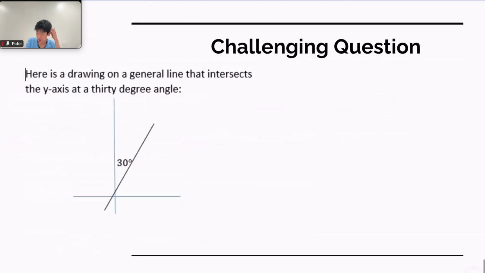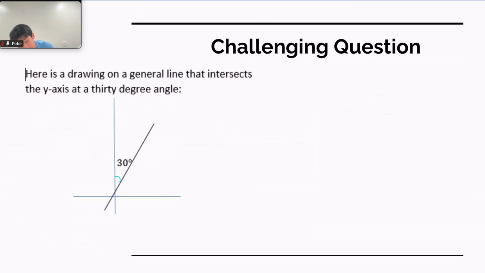Here's a drawing of a general line that intersects the y-axis at a 30 degrees angle. We don't have any reference point here and no slope here. We only have a degree. The degree here represents this angle. So what can we do to find the slope here?